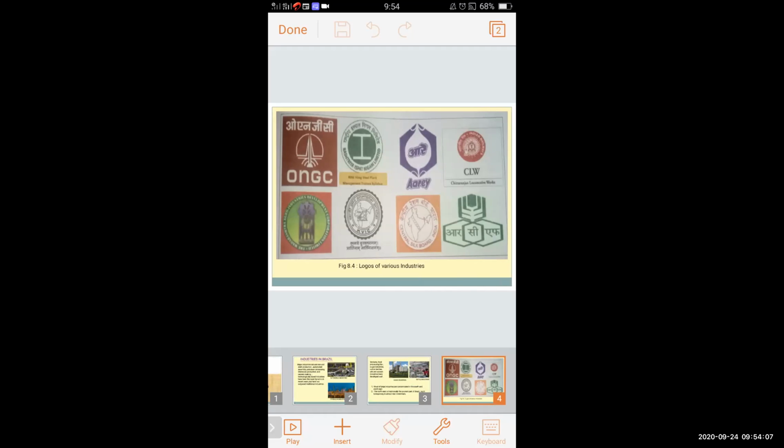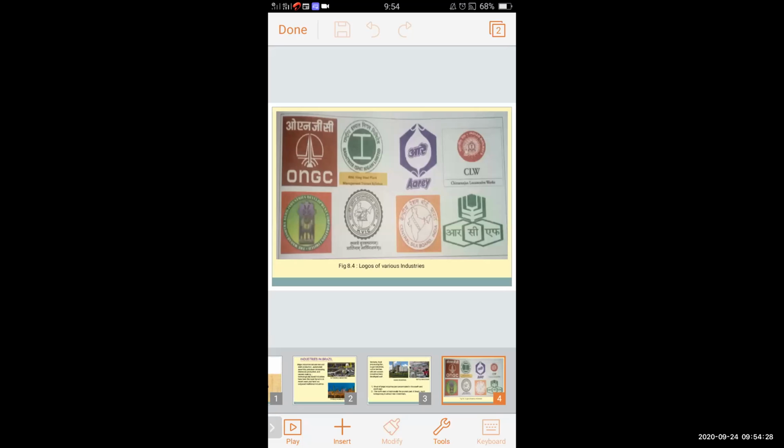On this screen, you will see various logos of different types of industries. Logos are used by industries for the purity of the product, for the goods they produce, for the brand, and to maintain the quality of the goods.